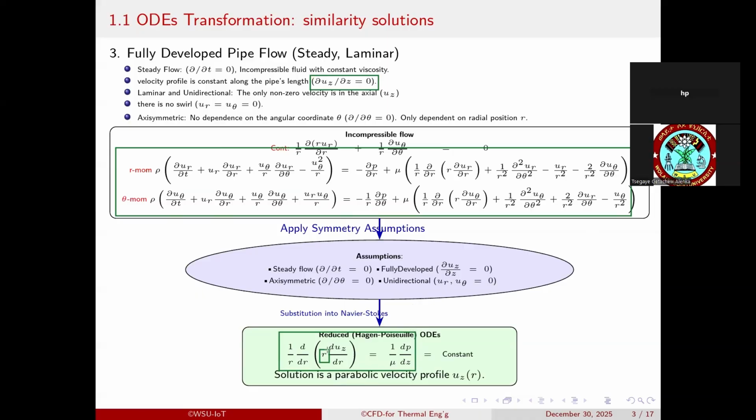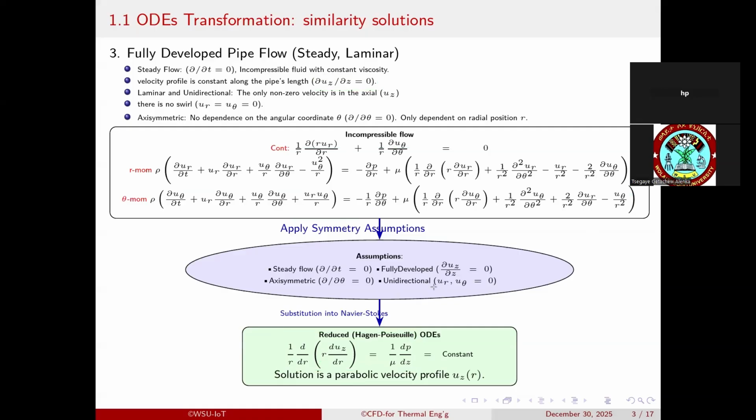Flow is fully developed when the velocity profile no longer changes along the pipe length, or z direction, which eliminates the need for a similarity variable that combines distance, time, and viscosity, resulting in an ordinary differential equation: d by dr of r du z by dr is constant, solved in the r dimension.